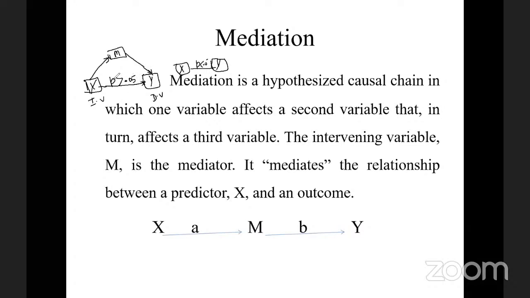It means the relationship will not be significant in the presence of the mediator variable. So the mediator variable basically mediates the relationship between the two variables. Without mediation the relationship is different, and when we introduce the mediator, the relationship would be different.